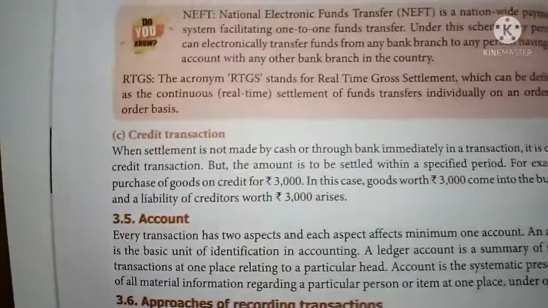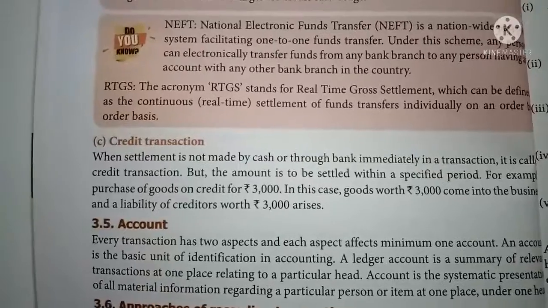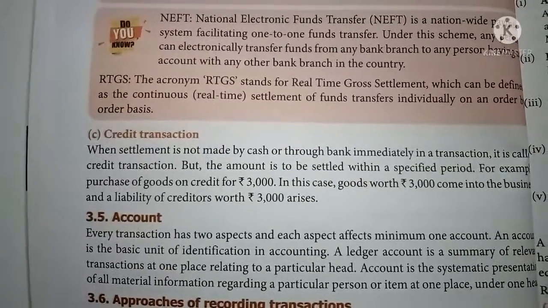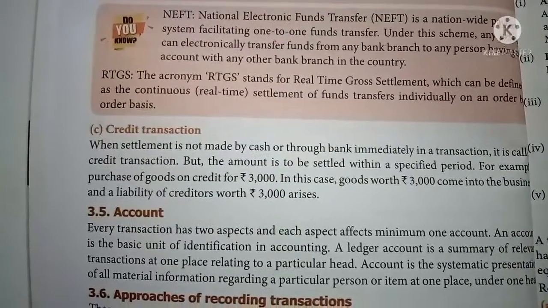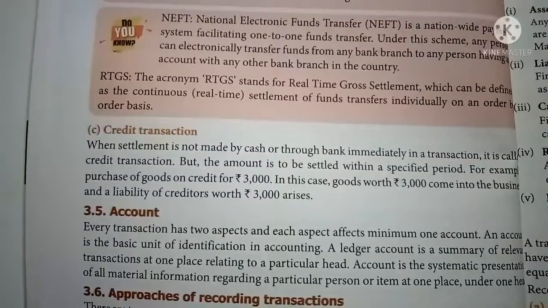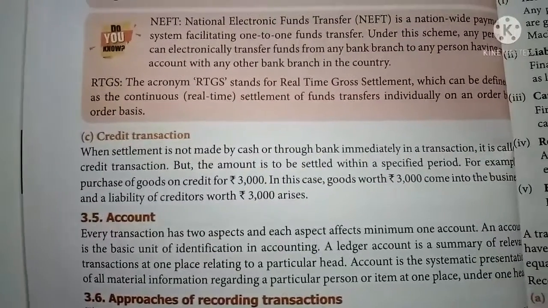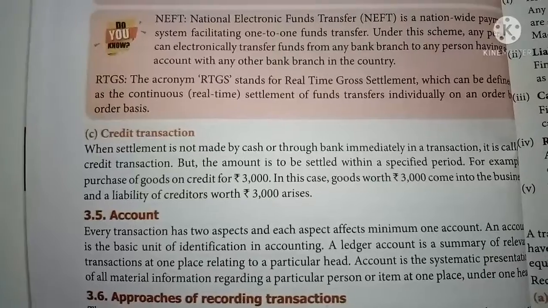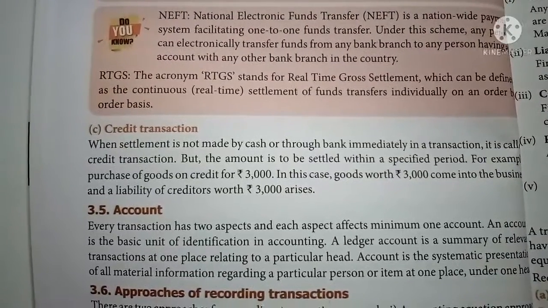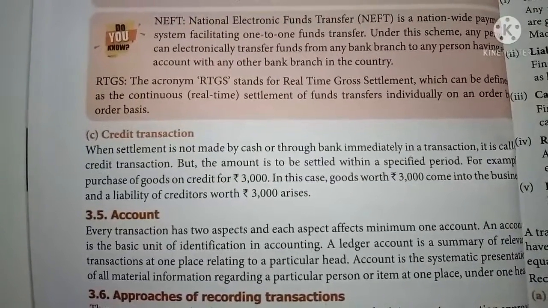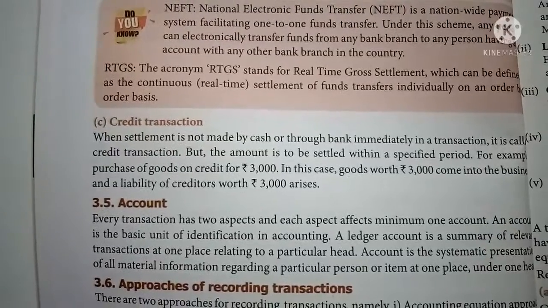Credit transaction means when settlement is not made by cash or through bank immediately in a transaction, it is called a credit transaction. The transaction happens and the payment or receipt will be made later.